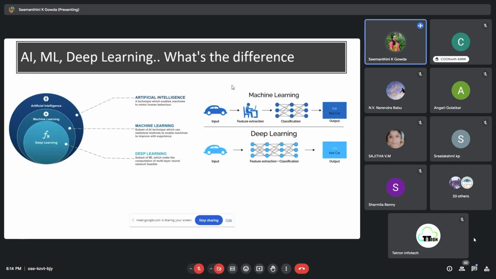Here we use the multi-layer neural network architecture. What does that indicate? Initially, we start with the input layer. Followed by the input layer, we have a set of hidden layers, and we have an output layer. That is what we call a multi-layer neural network. I will brief that in the coming slides.